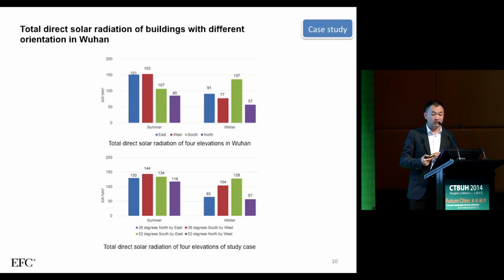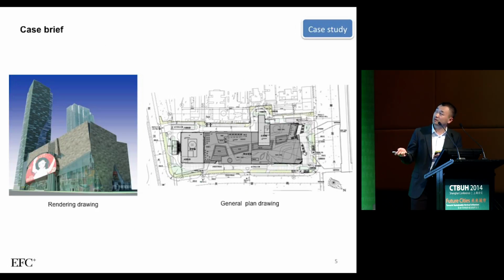This is the total direct solar radiation of the building with different orientations in Wuhan, because as we see from the previous plan, this building is not facing right to the south or right to the north, so it has a certain angle from the north.